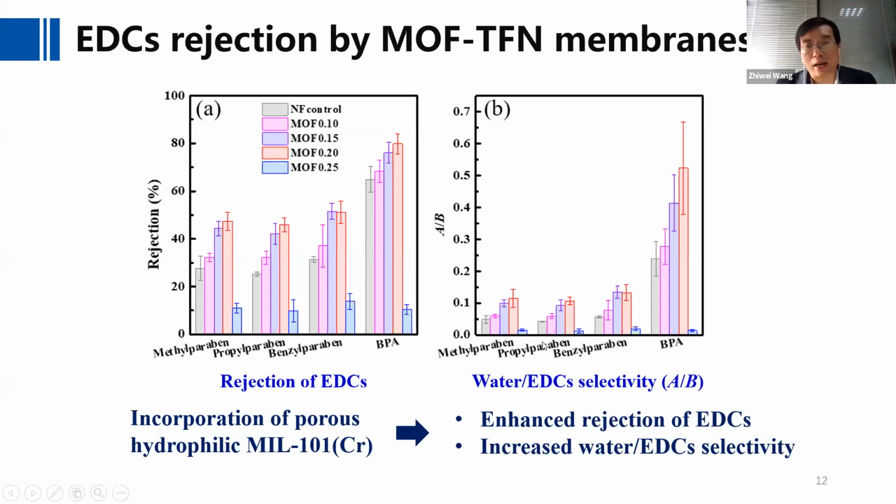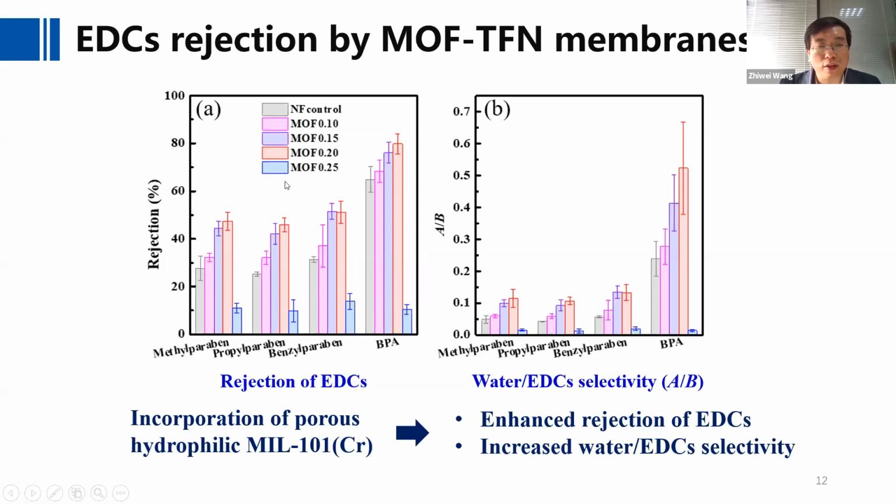After this, we were very interested in the performance of the MOF TFN membranes. Here you can see that after incorporation of the MOF particles, compared to the control, the rejection of 4 EDCs increased.